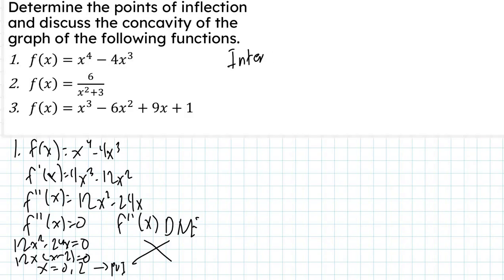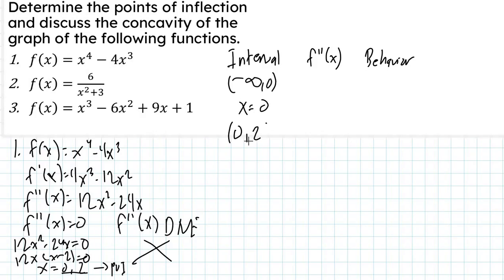If we are to analyze it using a table, we do something similar. We have the intervals, then a column for, this time, the second derivative, and then the behavior. So using the POIs as our boundaries for the intervals, we have from negative infinity to 0, at x equals 0, 0 to 2, at x equals 2, and from 2 to positive infinity.